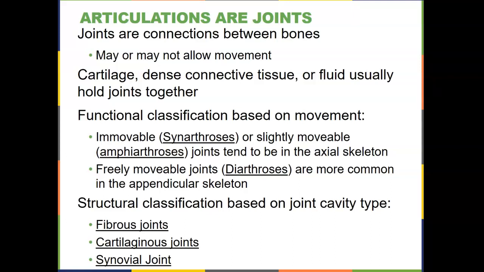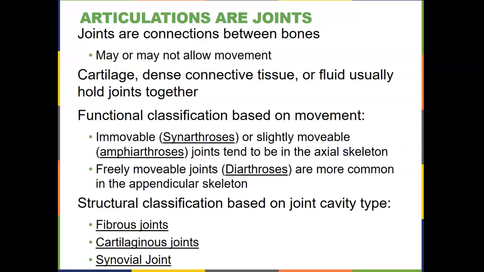Now, if we base our naming on joint cavity type, we have fibrous joints, cartilaginous joints, and synovial joints. Fibrous joints typically are the synarthritic joints, the ones that don't move. They might be slightly compressible, like the joints in your skull where the sutures are. Cartilaginous joints would be the amphiarthritic joints, such as those between vertebrae in the spinal column, the pieces of articular cartilage between individual vertebrae.